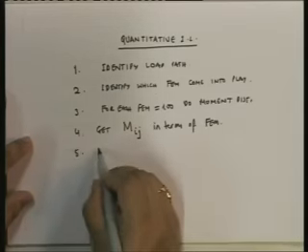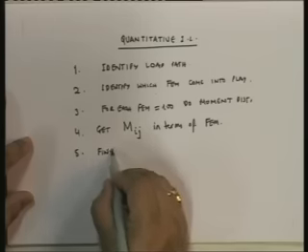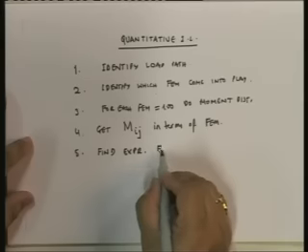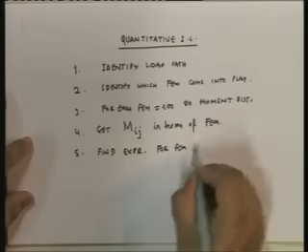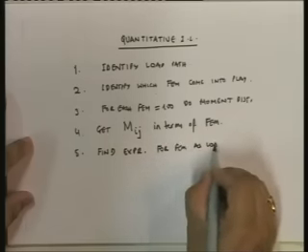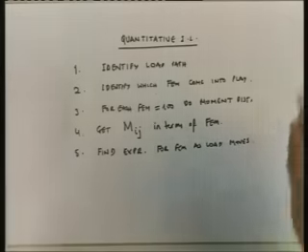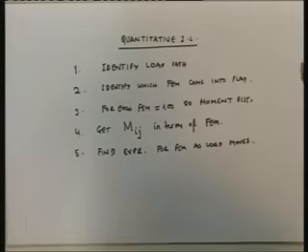Now find expressions for fixed end moments as the load moves. In other words, for each member that you have, you put the load at a point X and you find the expressions for the fixed end moments. Once you find the expressions for fixed end moments, you get the expressions for Mij as the load moves.